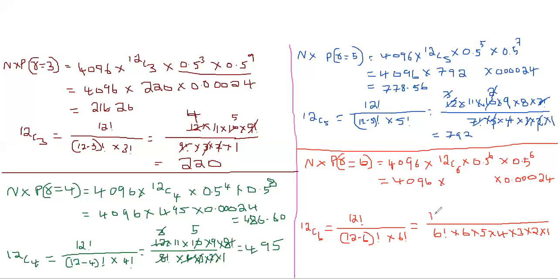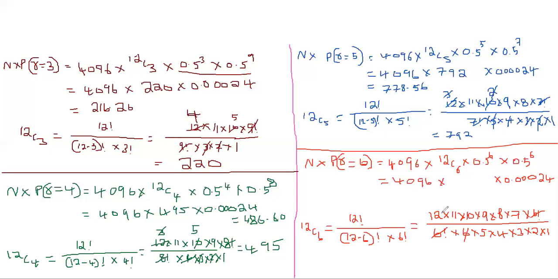Here I'll expand this 12 factorial up to 6 factorial: 12 into 11 into 10 into 9 into 8 into 7 into 6 factorial. This 6 factorial I'm going to cancel.